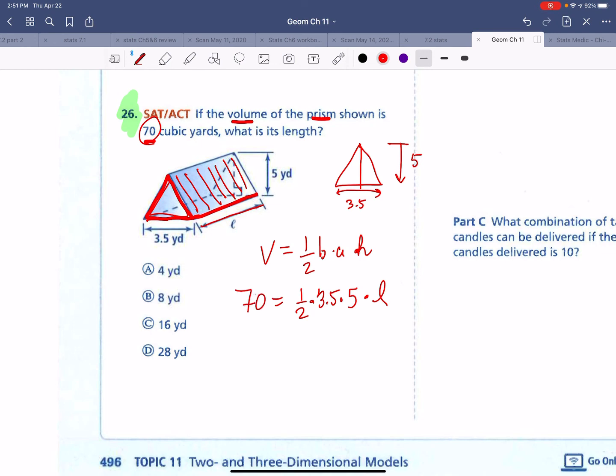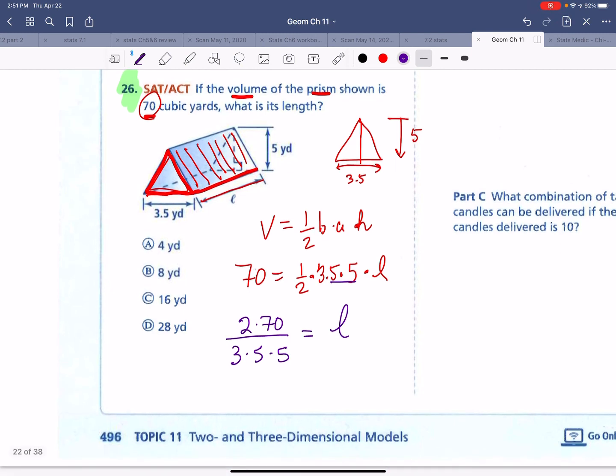So using a lot of swapping, we can move the 2 up here by the 70, move the 3 down, and move the 5s down, and we should be able to solve for our length. So the numerator, 2 times 70 is 140. 5 times 5 is 25, times 3 is 75. So 140 divided by 75.